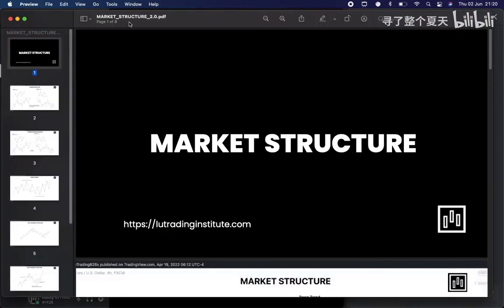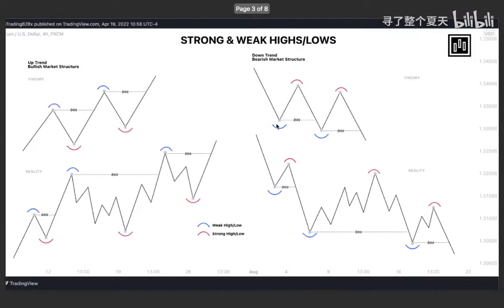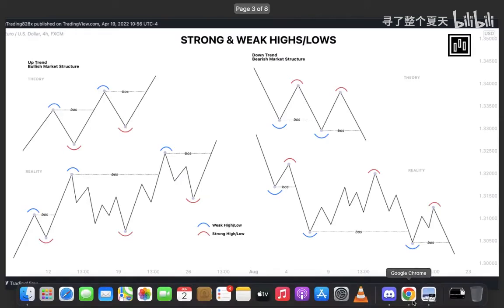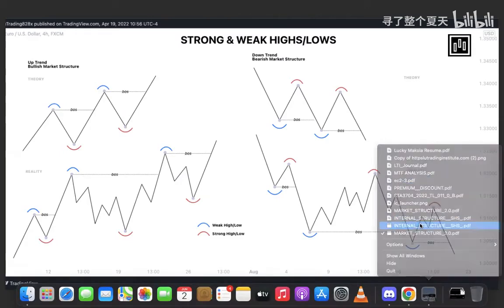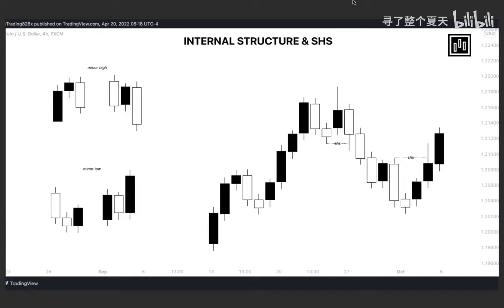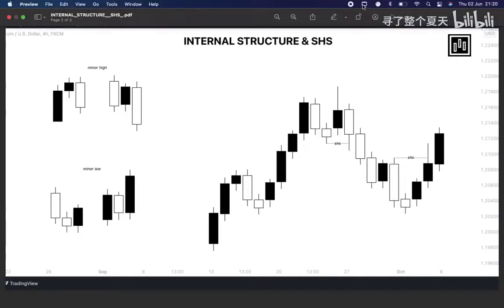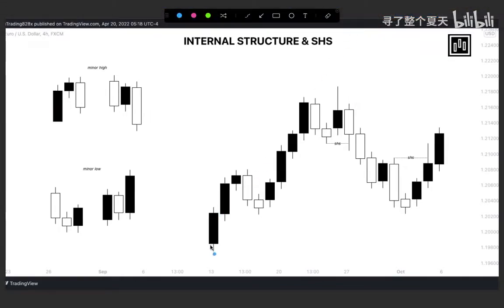Right, so as I was saying, price is pushing to the upside, creates a high, a low, right?